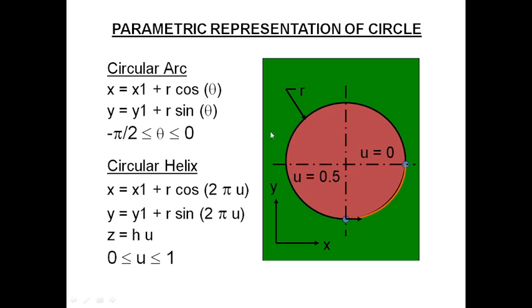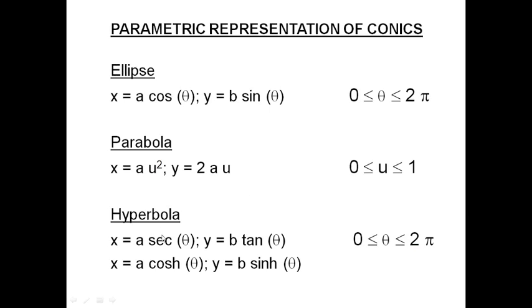So likewise you can define any curve segment, like from this point to this point, or even this point to this point. You have to find out the appropriate u values to define that segment, and write them along with the equation. And these are the parametric representations of conics, which are second degree equations: ellipse, parabola, and hyperbola.